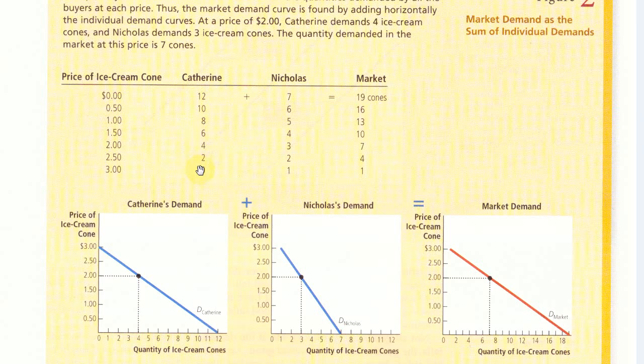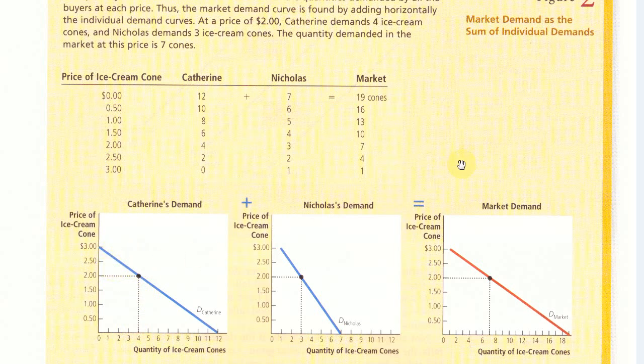This is very natural because we fear the burden of purchasing because of money. We have two examples here, Catherine and Nicholas. For Catherine, for example, as the price goes up, the demand for ice cream also goes down.